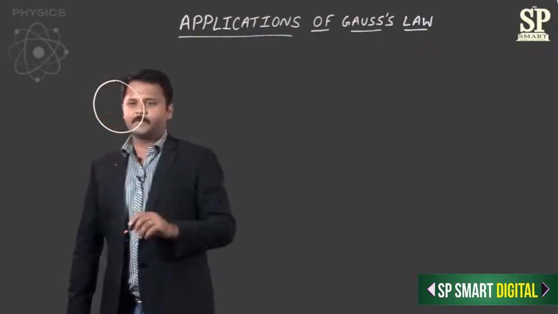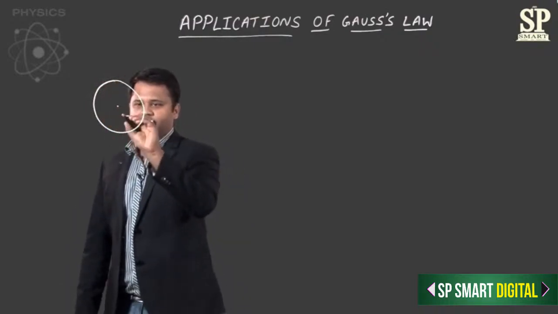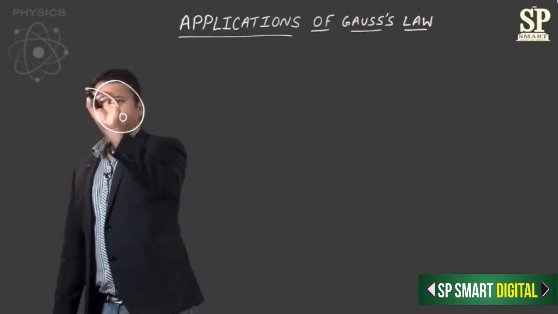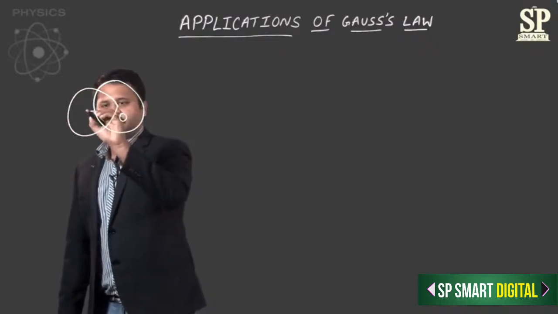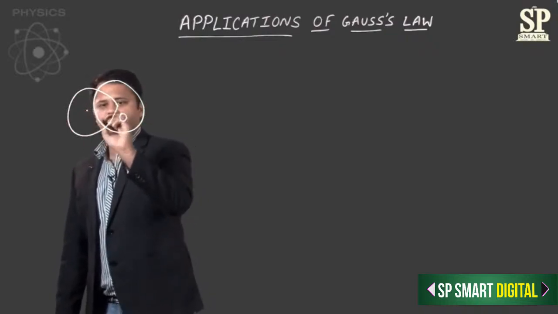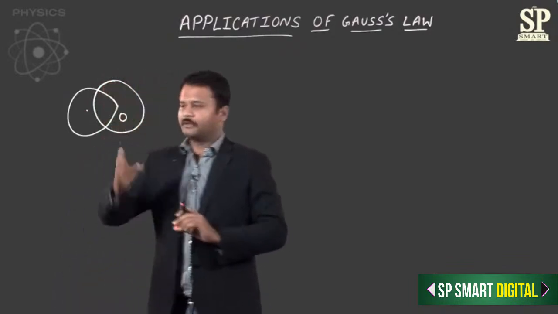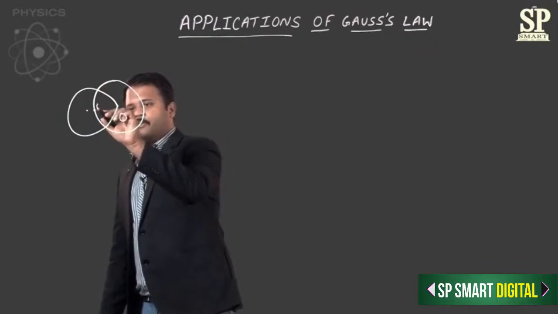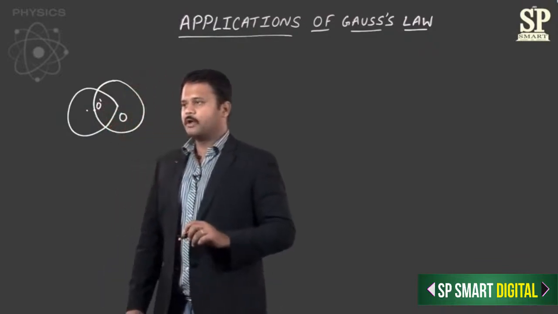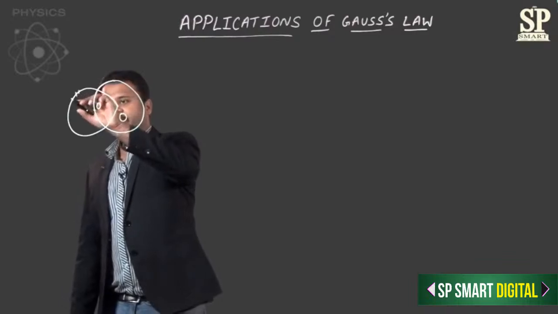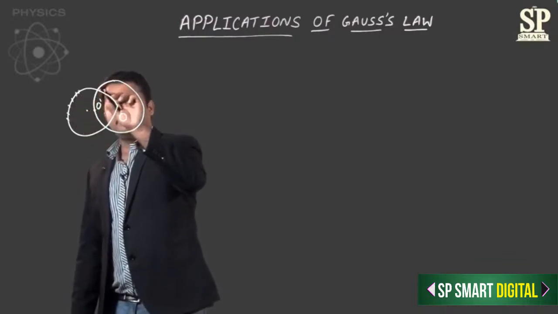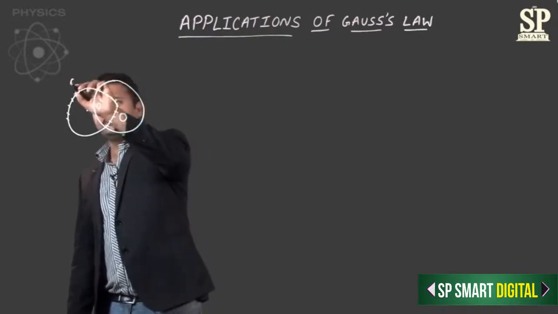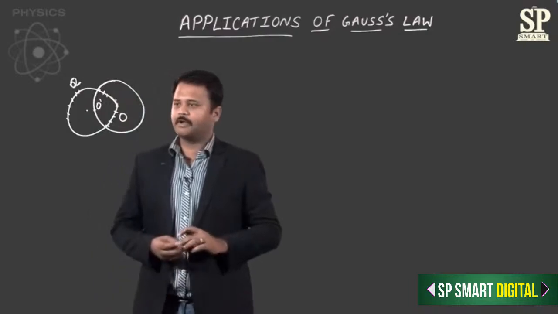This is our sphere, and I'll say that the center of the sphere is O. Then this is my ring. The center of the ring is O dash. So O dash should pass through the sphere itself, right? Or rather the sphere passes through O dash. So I have O dash like this, and this is O, and in the ring I have charge, and some of the ring is inside the sphere. So the total charge in the ring is Q and it is spread uniformly.